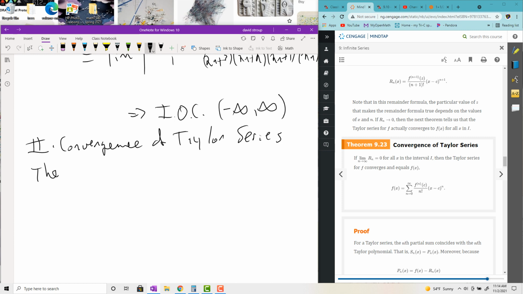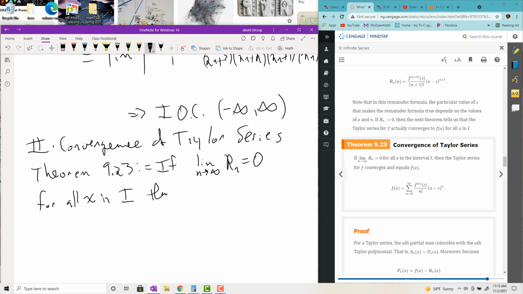So basically we have theorem 9.23, and it says if that R sub n formula, the limit as n goes to infinity of this R sub n, equals 0 for all x in I, then the Taylor series representation for the function f converges and equals f of x.